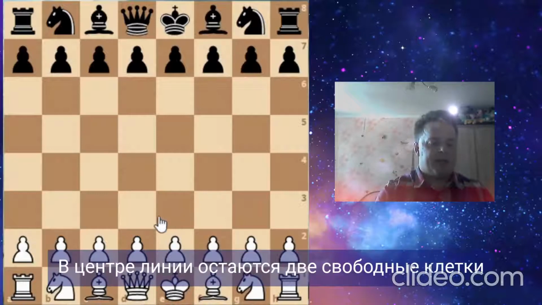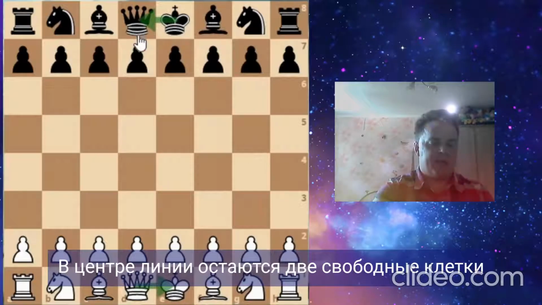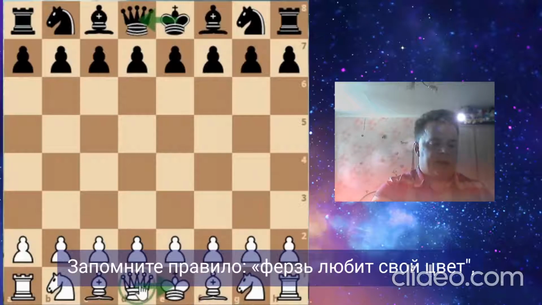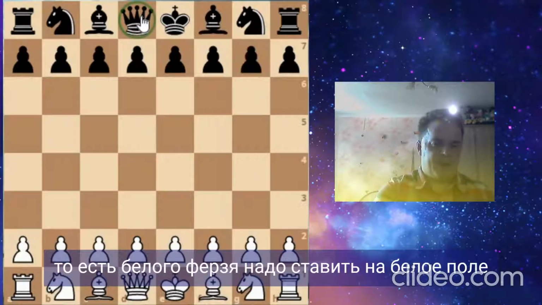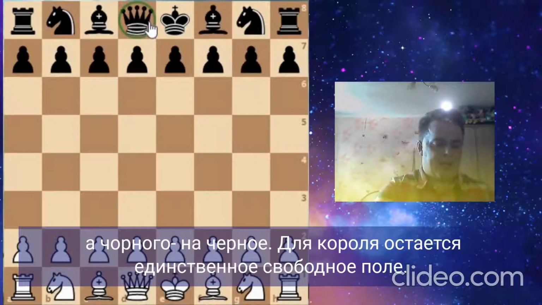Two free squares remain in the center of the line for the queen and the king. Remember the rule: the queen loves her color. The white queen loves the D1 white square, and the black queen loves the black square, leaving the king the one remaining free square.